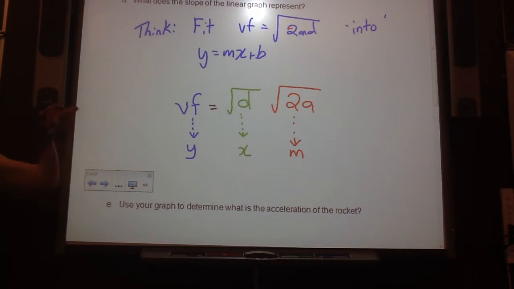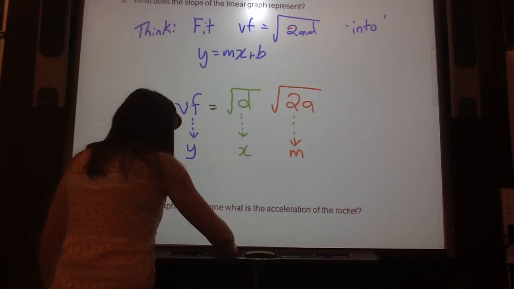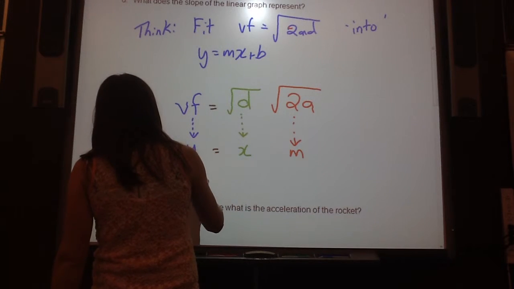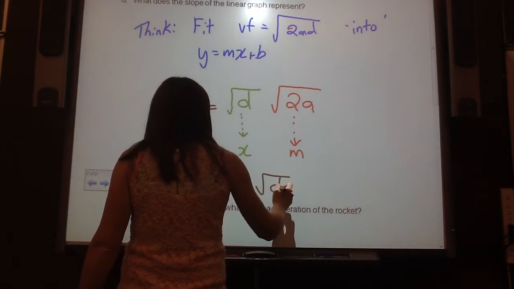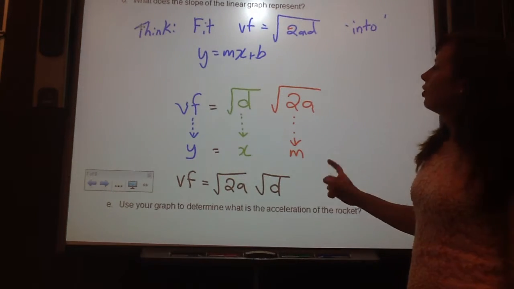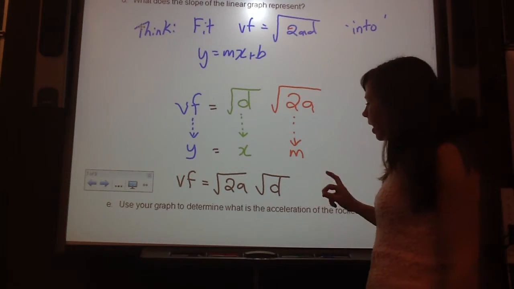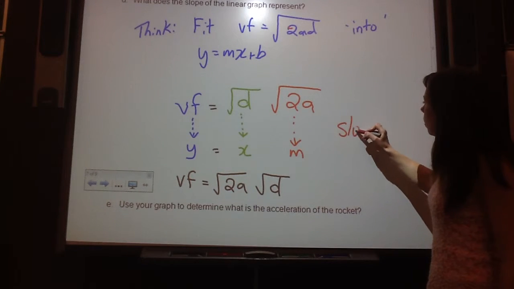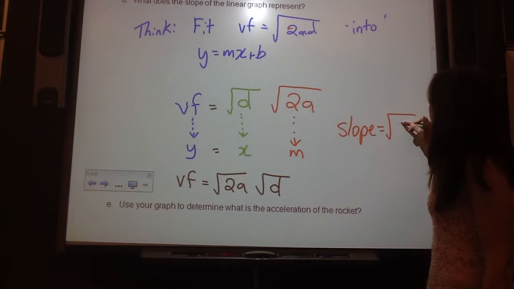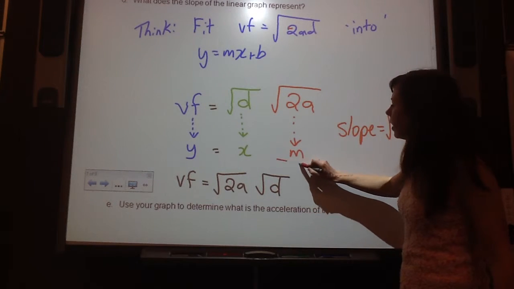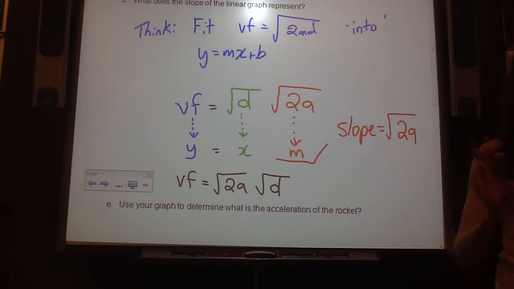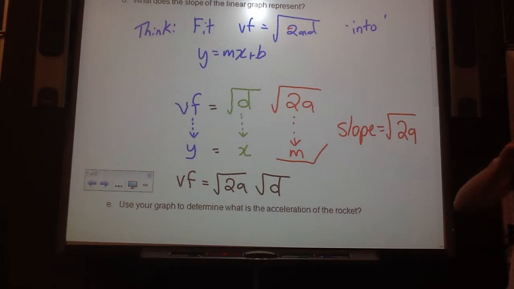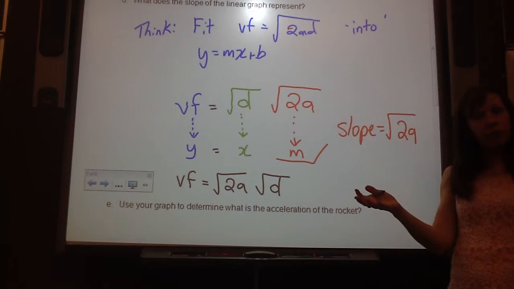Traditionally, we would write it y equals mx plus b, so we could rewrite it: VF is equal to the square root of 2a times the square root of d. So our answer, what does the slope of the linear graph represent? Slope is equal to the square root of 2a, because that's what's left over. Was anything added or subtracted? No. I already identified my y, I identified my x, everything left over is the slope.